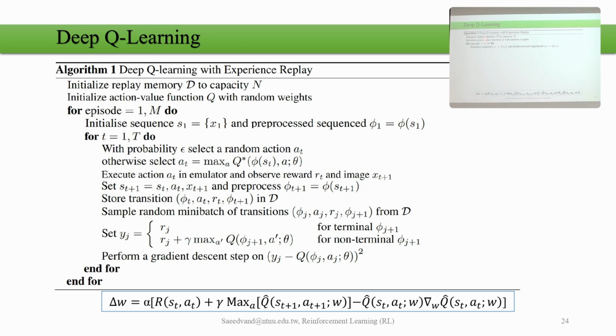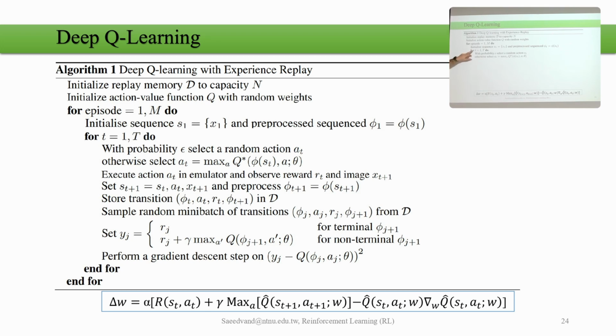So initialize replay memory, then initialize the action-value function Q with random weights. Then for episode 1 to M, for each one of the episodes, we initialize the sequence of states and pre-process the sequence as a set that includes the states.